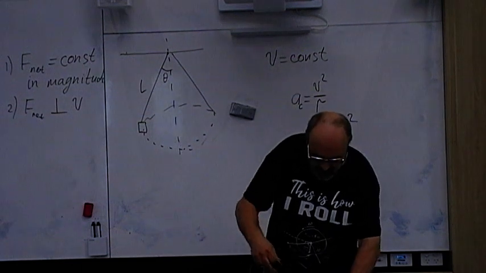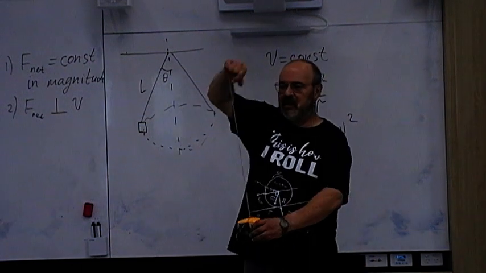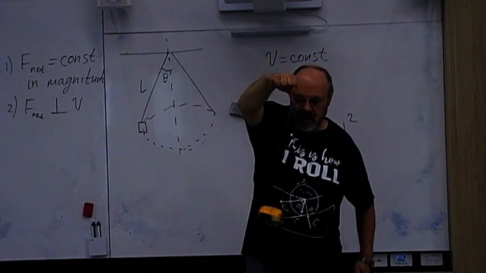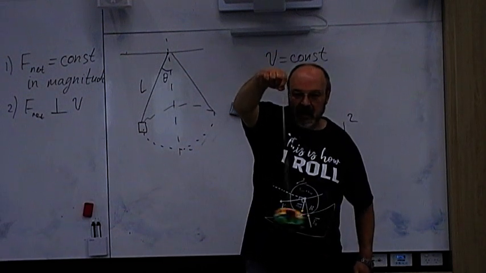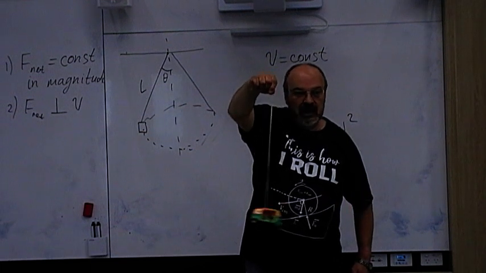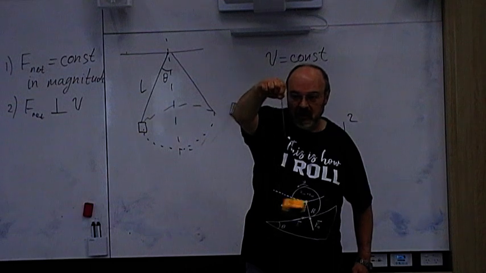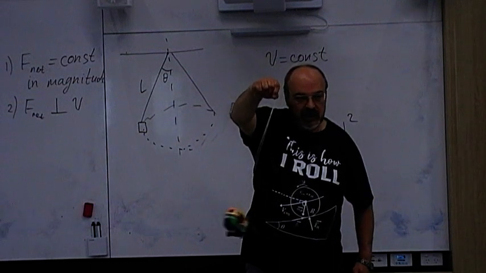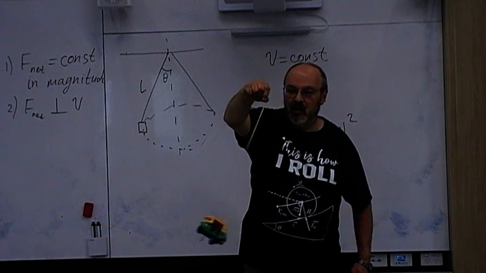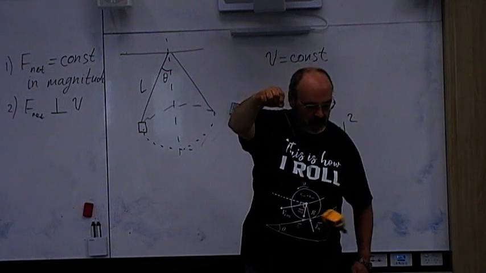If I have some mass rotating in a horizontal circle like this, it's moving with the same angle all the time, with a constant speed. This is the horizontal pendulum.